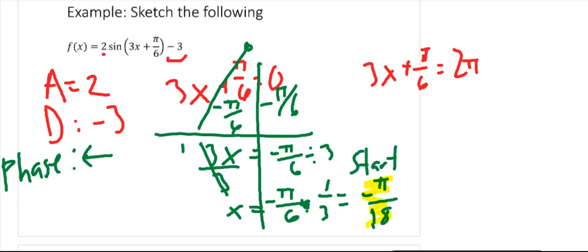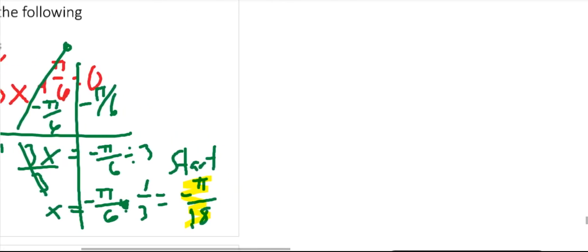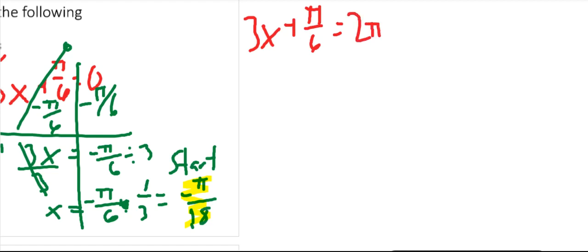All right, and you guys are going to need more space, but I still didn't draw it correctly or write it. So let's shift this over and figure out where the end is going to be now. Okay, so we have 3x plus pi over 6 is equal to 2 pi.